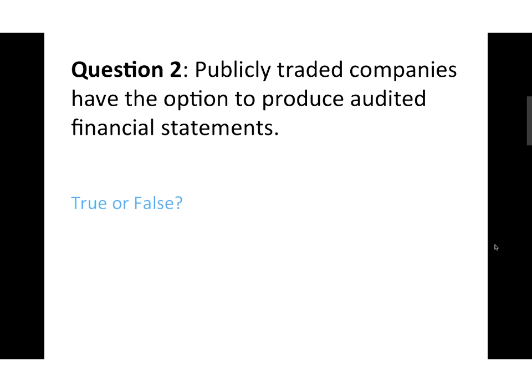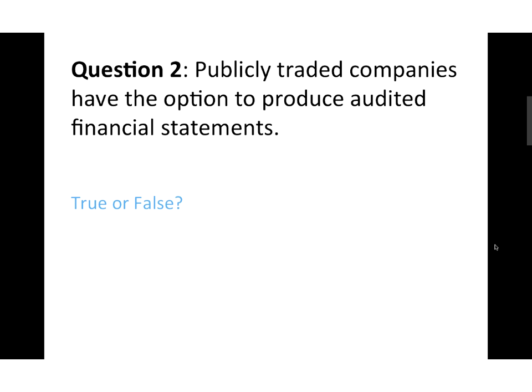So the key word, when we look at this question, publicly traded companies, those are companies that trade their stock to the public. These companies are regulated by the Securities and Exchange Commission, the SEC. The SEC says, here are all the rules you companies need to follow to trade your stock. So we're asking, do they have the option? The option means they have the option to not do this.